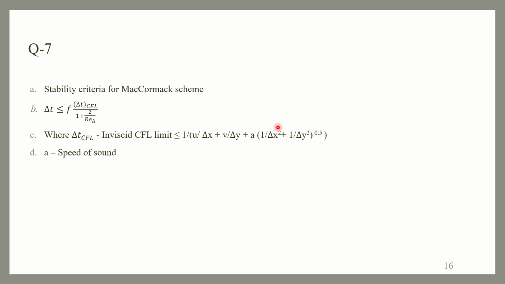Here U is the U component velocity, V is the V component velocity, delta X and delta Y are mesh sizes, and A is the speed of sound in that medium.